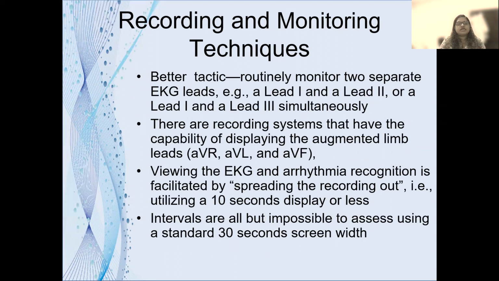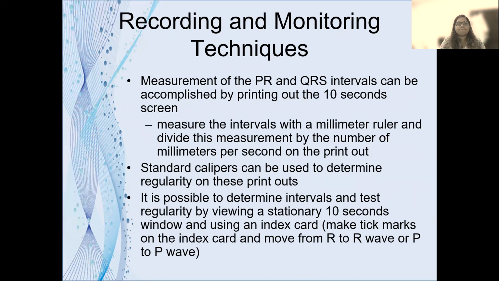And monitor the ECG waveform always. There can be augmented limb leads also, so you have to monitor whether they are coming through or not. Intervals are all but impossible to assess using a standard 30-second screen width, whereas in 10 seconds you can see it very well.